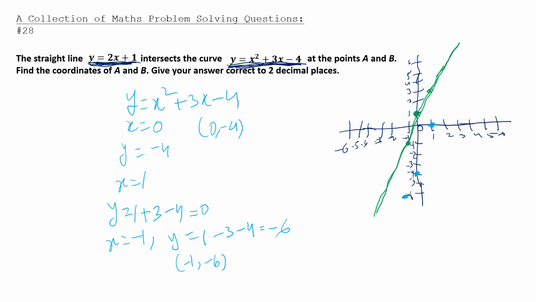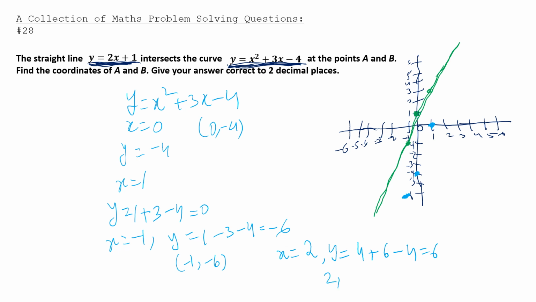So we can make out the way this curve is going to work. Then if I do x is 2, I would get y equals 4 plus 6 minus 4, so that is 6.